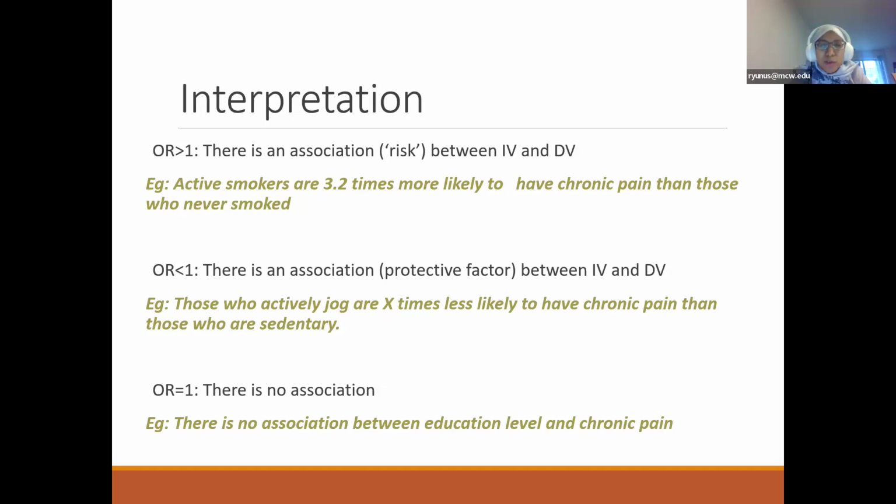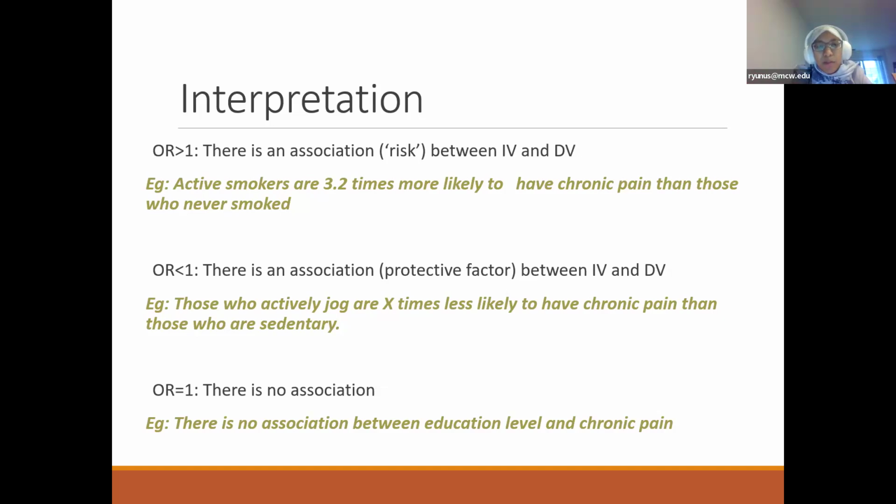The word risk is usually used more in a different measure of association that we will talk about after this. So we try not to use the word risk, we use the word association instead.